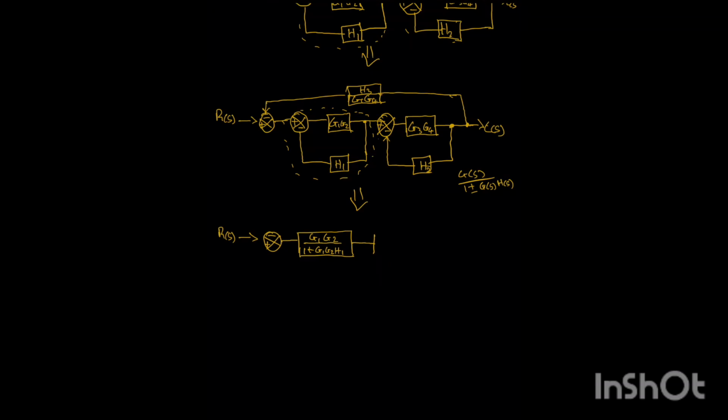So when we do it, we connect it to this place. So let's resolve this side now. Resolving this side, we'll be having what? We'll be having G3, G4 all over 1 plus G3, G4, H2. So we've resolved this place entirely.